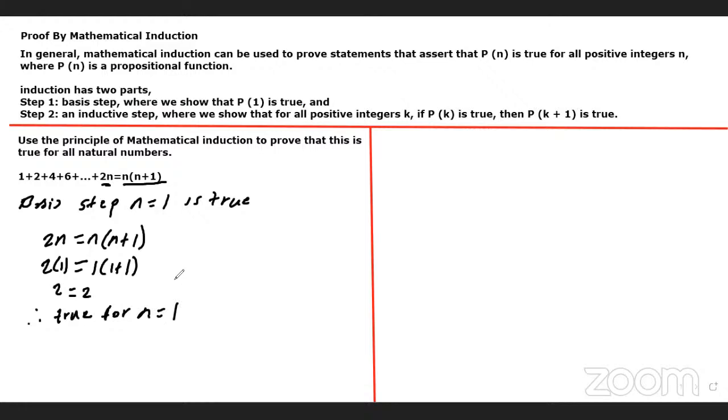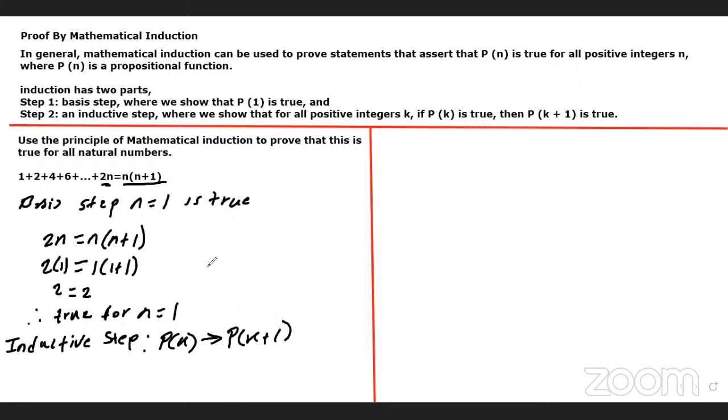All right, our next step is our inductive step. In the inductive step, we show that the condition P of k is true implies that P of k plus 1 is also true.